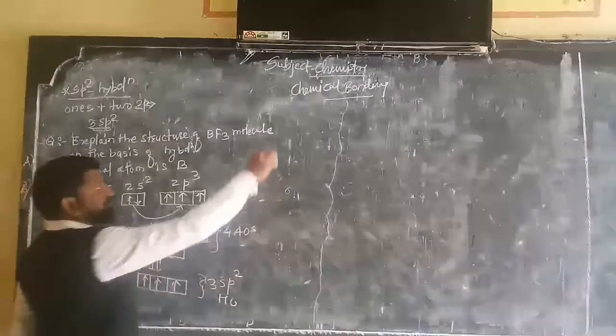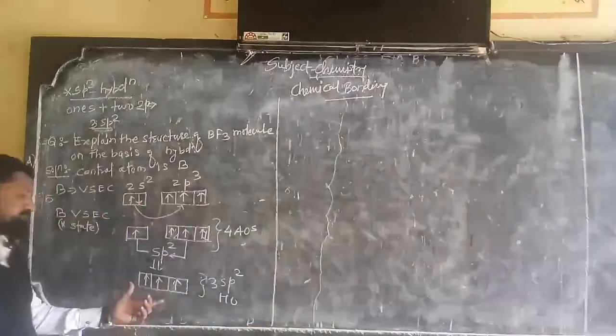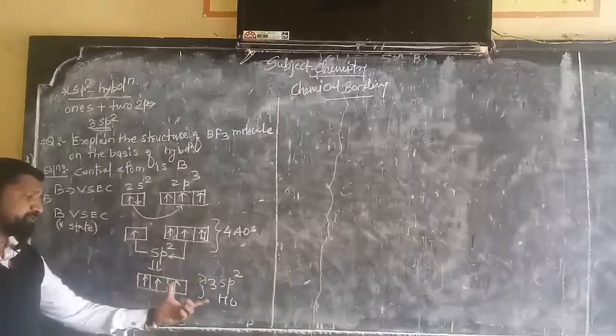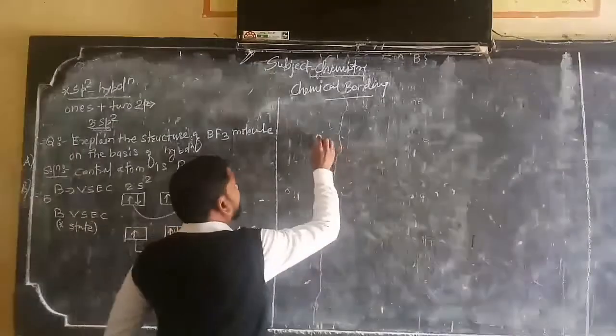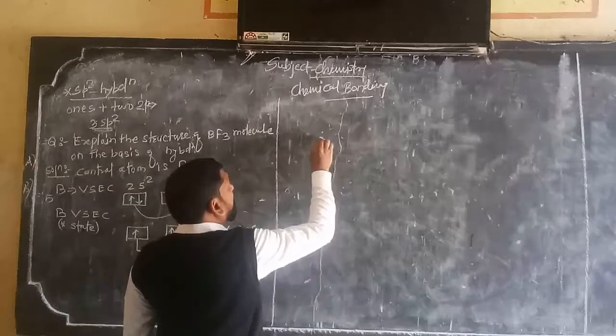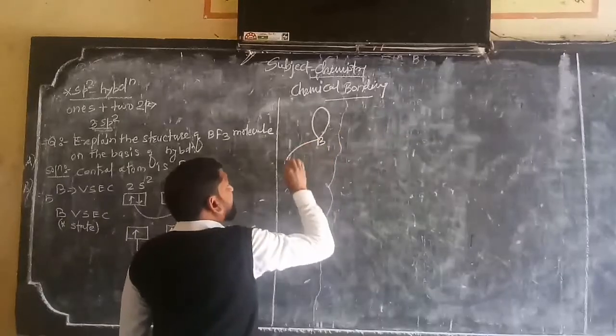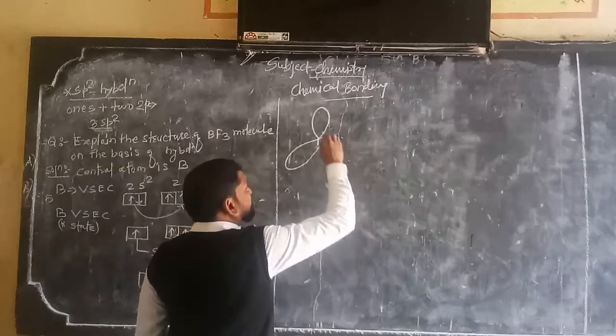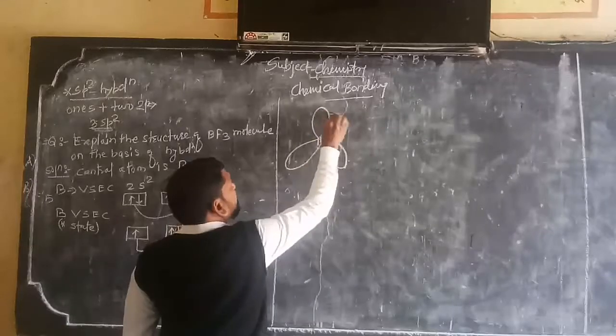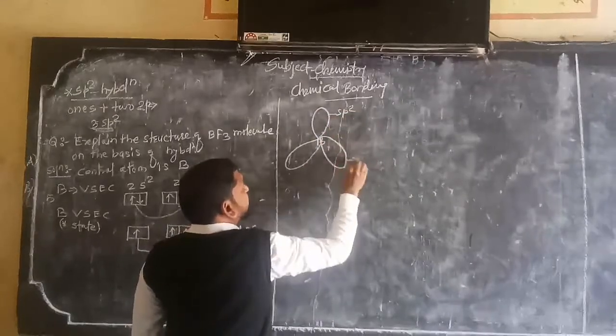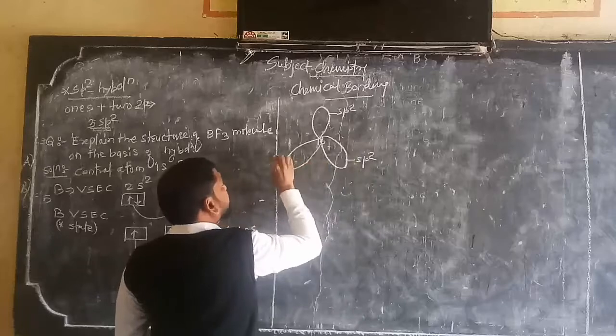Now these 3 sp2 hybrid orbitals get elongated along the 3 corners of a trigonal plane like this. This is your sp2, this is your sp2, and this is your sp2.